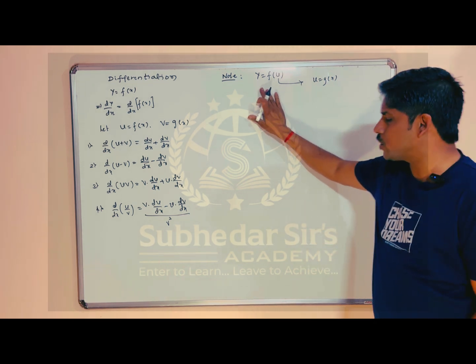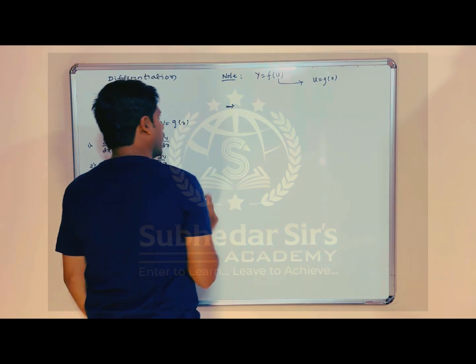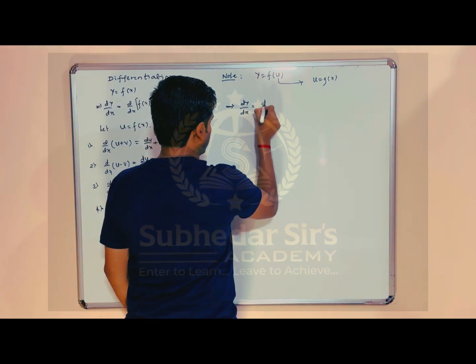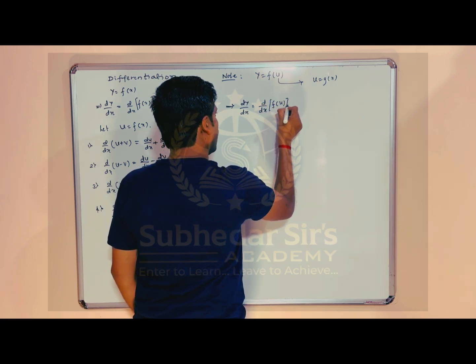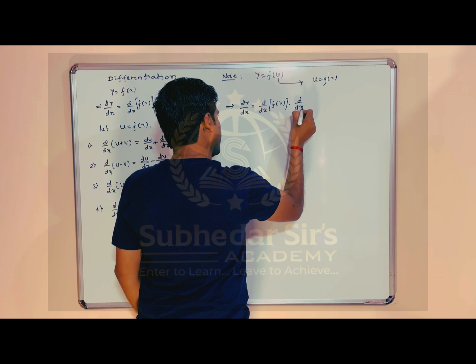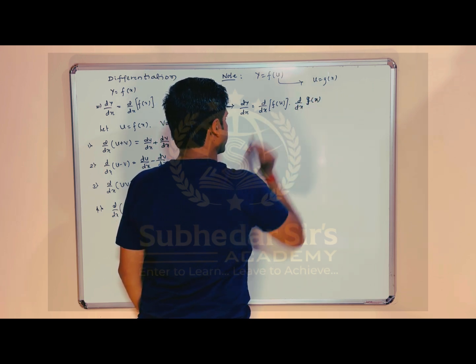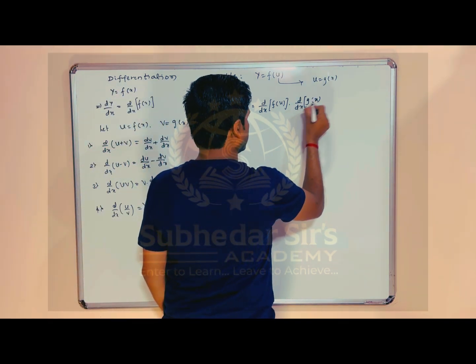Then what is the differentiation of this function? See here, directly it is not a function of x, right? So dy by dx is nothing but d by dx of f of u into d by dx of g of x. So it is called the chain rule.